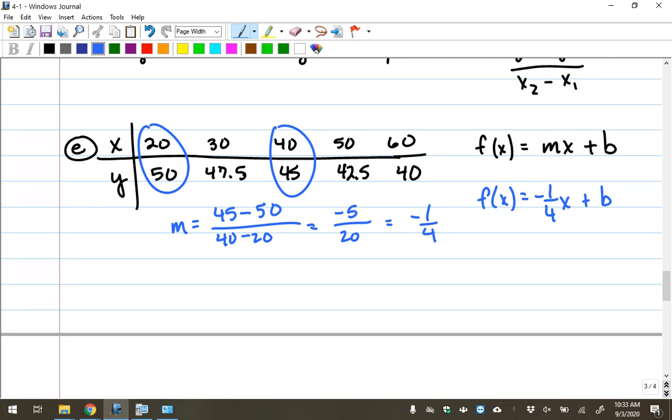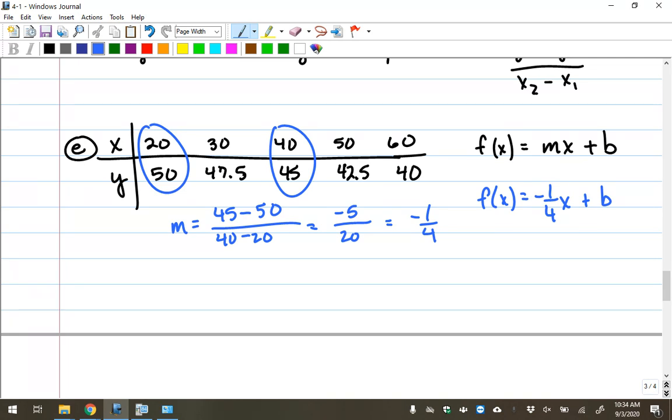Good idea. So Luke's thinking about the graph, which is good. We've got to tie all that together. We don't have the y to do that, but we do have some x's and a y that goes with them. Could I plug one of those ordered pairs in? Yeah, that's what I should do.